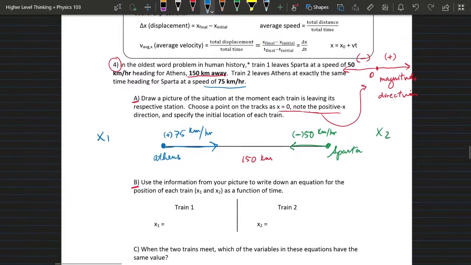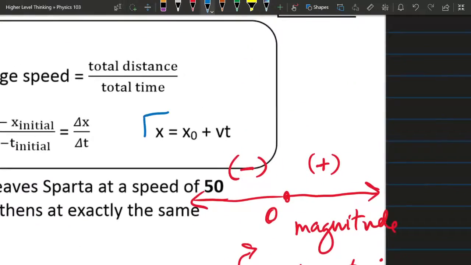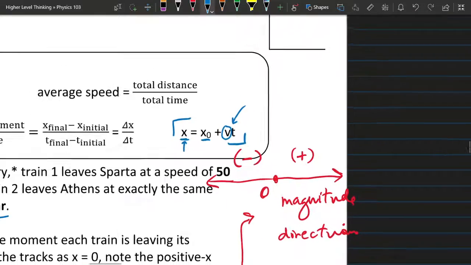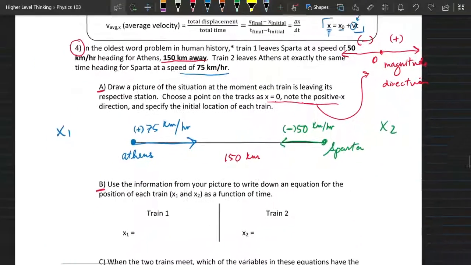Referencing our position equation here, this is essentially saying that at a given position and a given starting location, and after a certain amount of time has elapsed, if you're traveling at a constant velocity, you will have a new position, and that's what x is. And you can see the equation review video to get caught up on that.